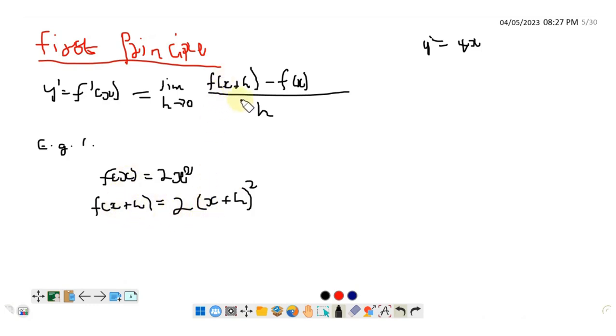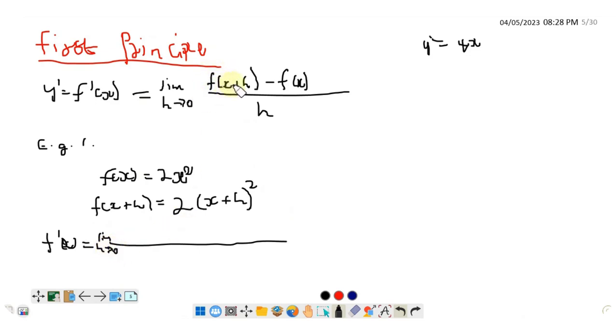Then we can substitute in the formula. So once you start by writing them like this, then you start to substitute. Okay, I will go to the formula. I'll say f derivative of x equals, sorry, I forgot to write limit h approaches 0.